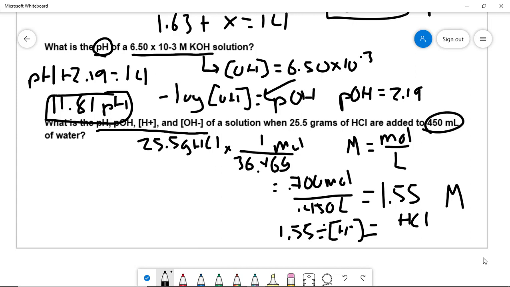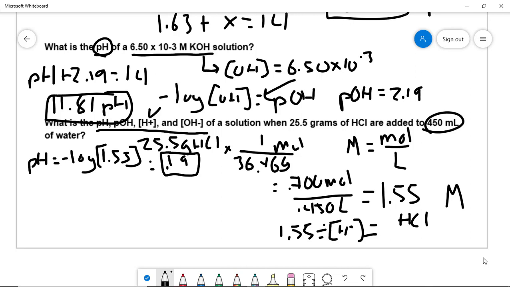So I've got my H. Let's get pH from that. It's 0.19, so very acidic. pOH is easy to get from that: 14 minus that, so it's going to be 13.81.